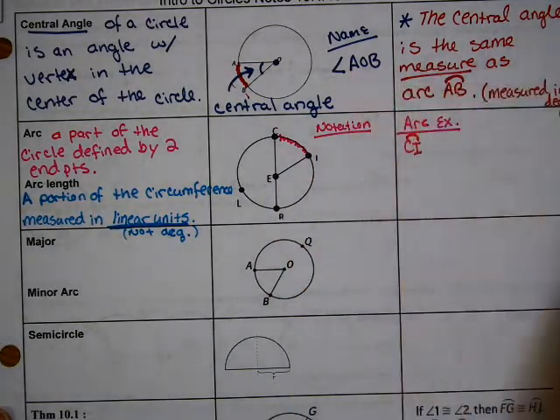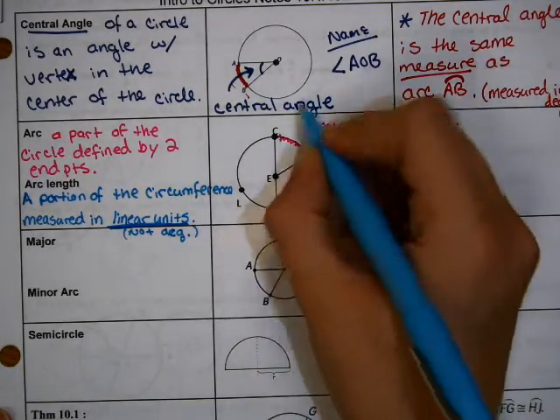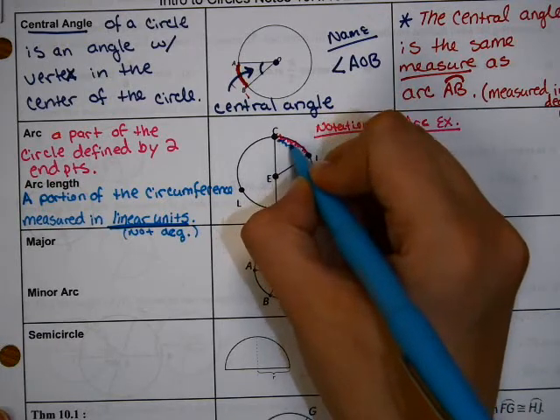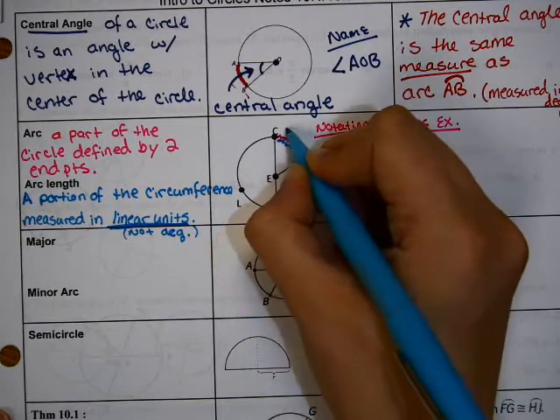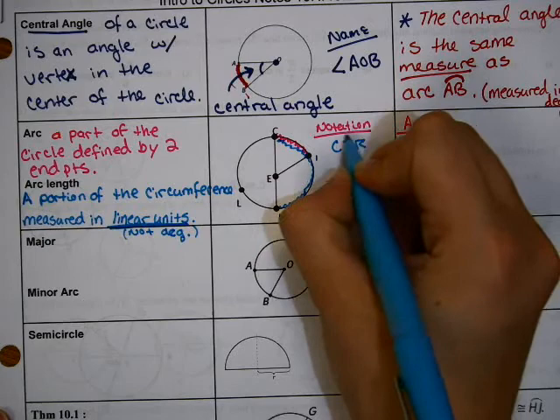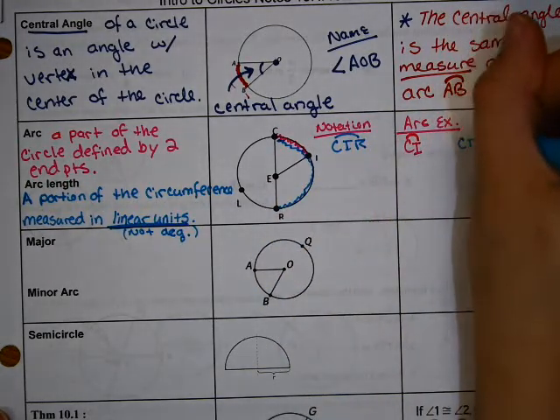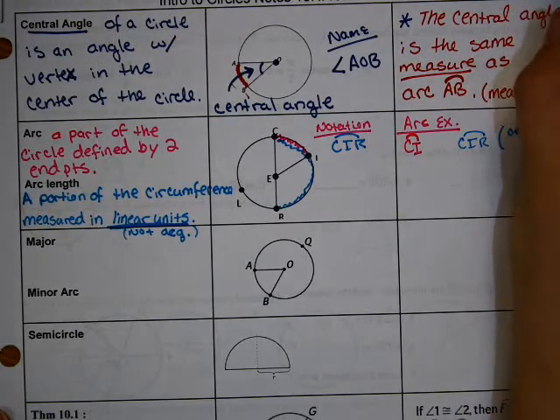Now if we have a large arc, we can name it with 3 different points, but they have to be in order. So for example, we could have CIR because it goes from C to I to R. So CIR would be in order. So order here matters.